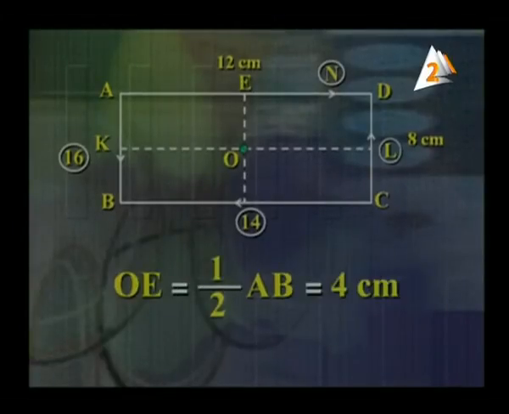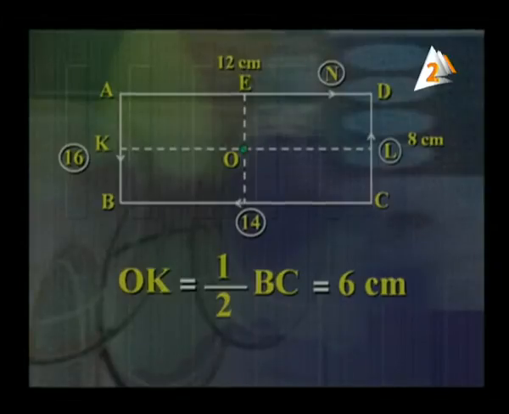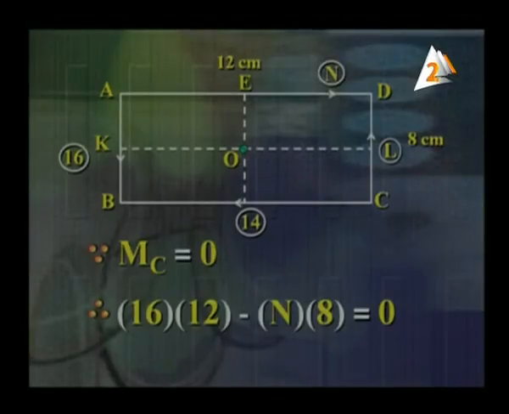Since the moment about C equals 0, therefore 16 times 12 minus N times 8 equals 0, or 16 times 12 equals 8 times N, so N equals 24 gram weight.